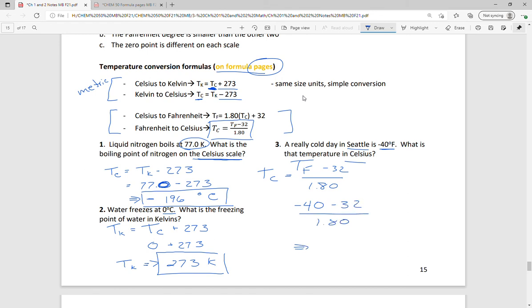And lo and behold, this is the point where those two scales actually equal each other. If it's really cold here, it's really cold there, and they are both minus 40. So minus 40 degrees Fahrenheit is the same as minus 40 degrees Celsius. That's where the two scales even out, with their different size of a degree of temperature.